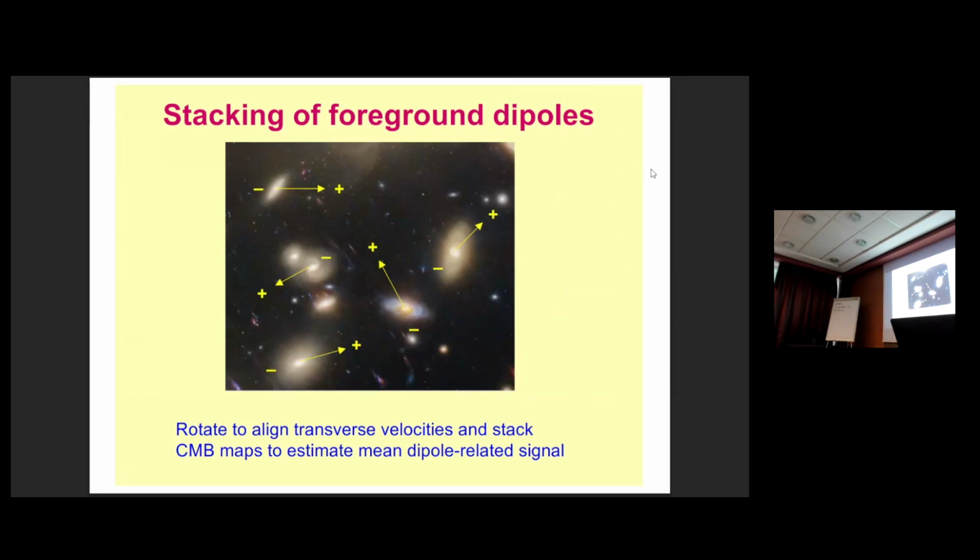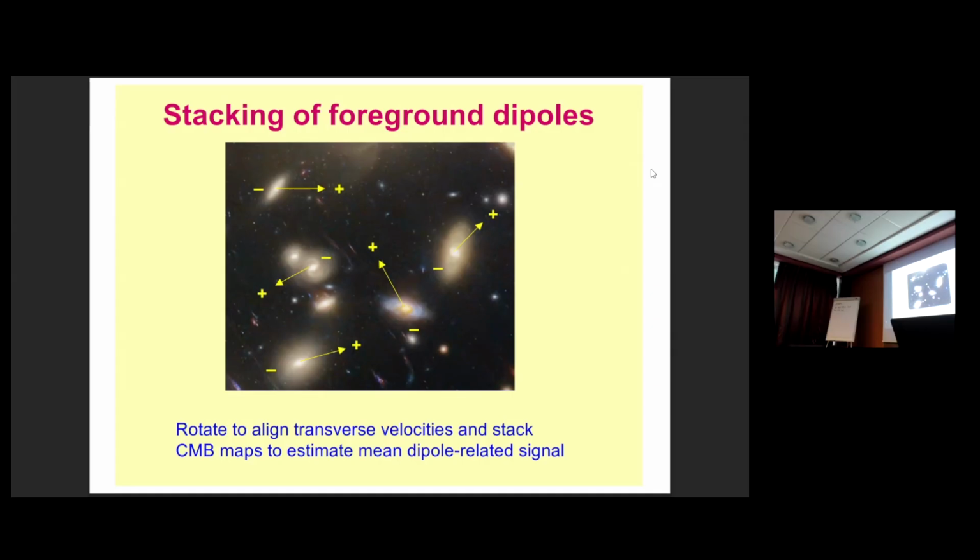So let's think about a galaxy survey. Around every galaxy, we have some hypothesis for the direction of the peculiar velocity. And we expect that the peculiar velocity will be aligned with a dipole in any quantity related to the density. So the lensing convergence will be high here, low there. Gravitational potential will be low here, high there.